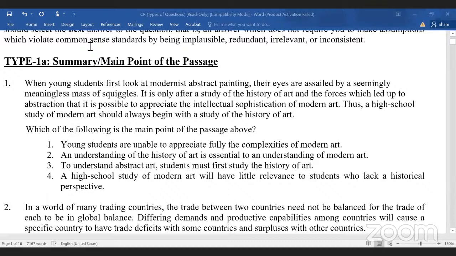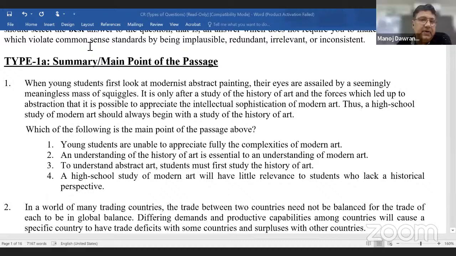Okay. That says when young students first look at modernist abstract painting, their eyes are assailed by the seemingly meaningless mass of squiggles. Now, please understand where does it all come from? Modern paintings are paintings where interpretation is heavy and different. They're not very clear paintings.